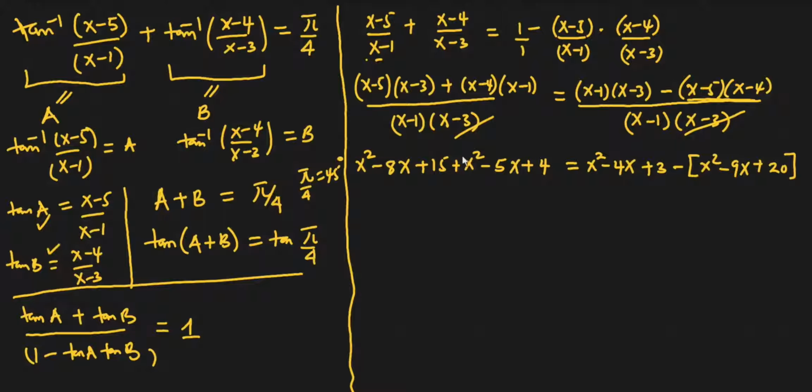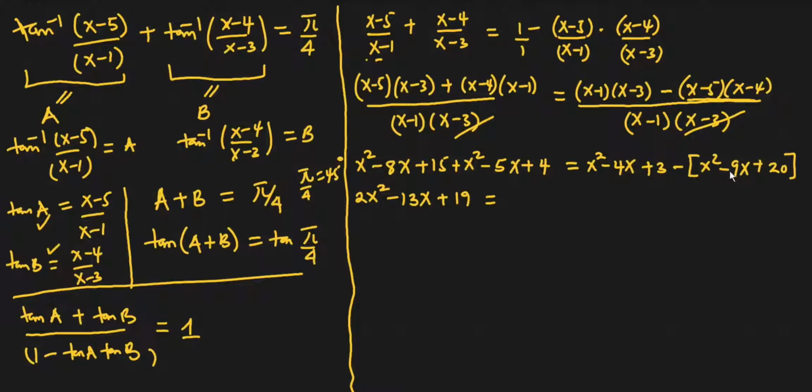So let's try to simplify this and that. Basically this and that survives, so we have 2x squared, this and that goes to minus 13x, this and that gives us 19, and this is equal to, if we open up the brackets, this minus x squared will cancel with that, so we remain with minus 4x plus 3.